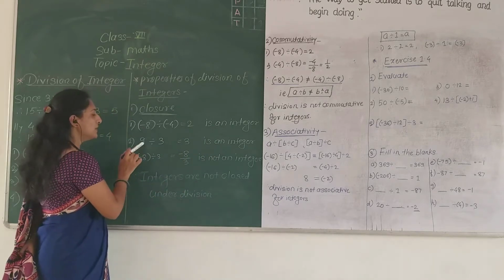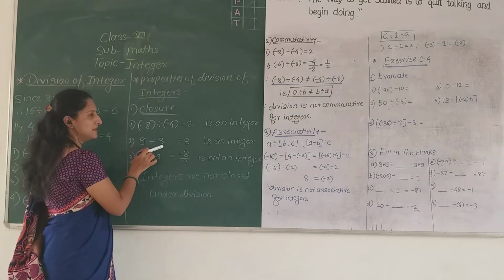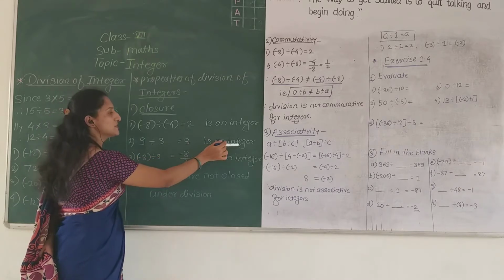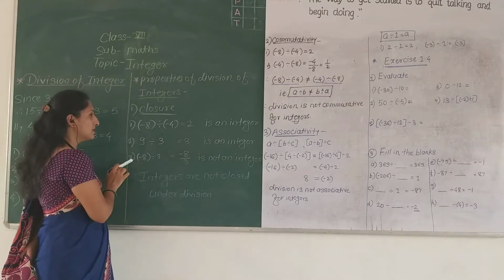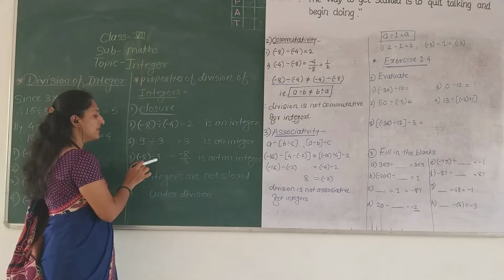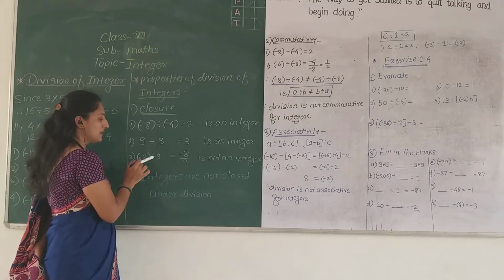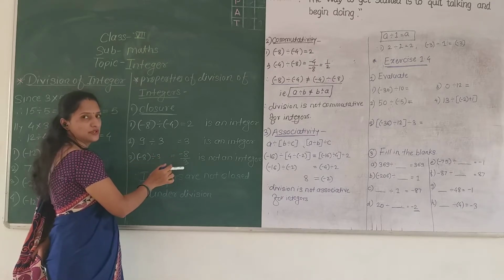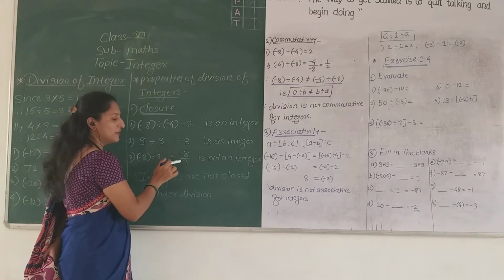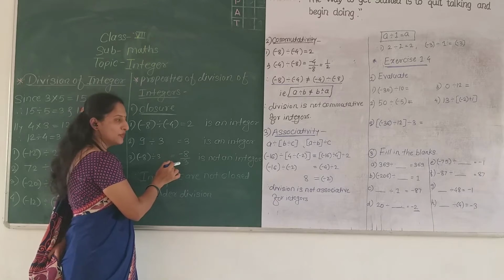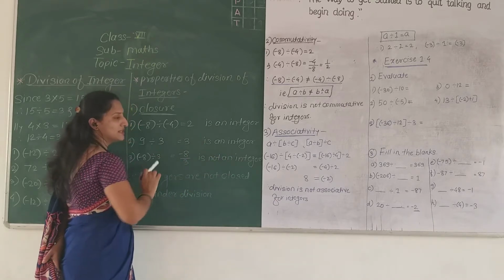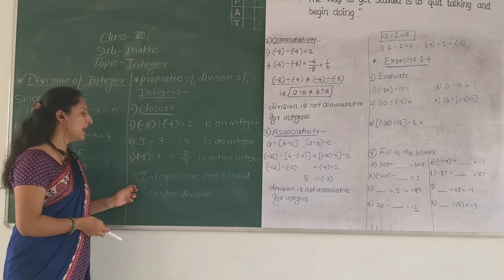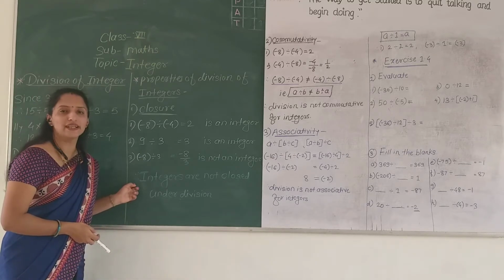When we divide 9 by 3, 9 and 3 both are integers and the answer is 3. It is also an integer. Look at the third example, negative 8 divided by 3. Now 8 is not divisible by 3, so the answer is negative 8 upon 3. But is negative 8 upon 3 an integer? No, it is not an integer. That means whenever we divide any two integers, every time we do not get an integer.